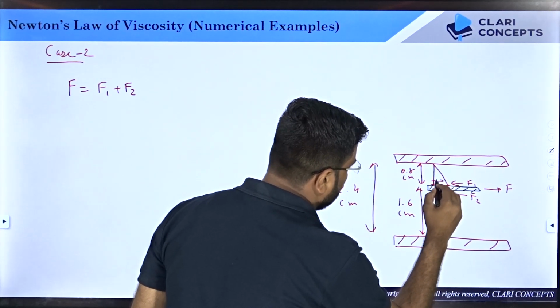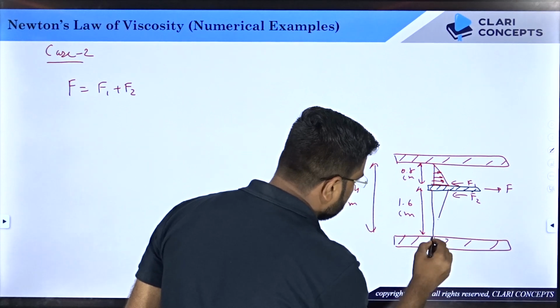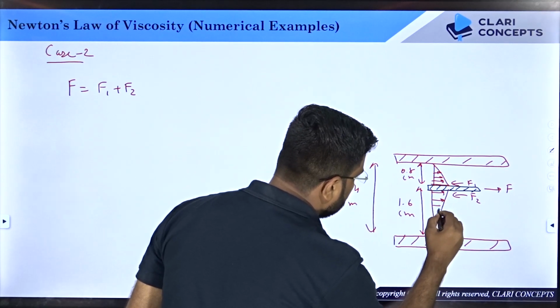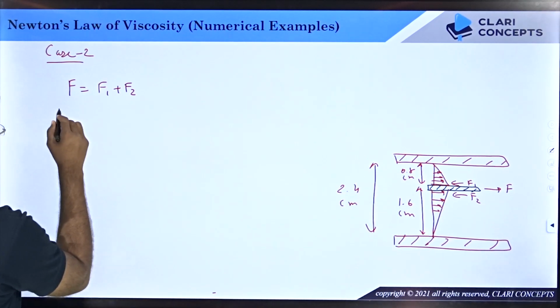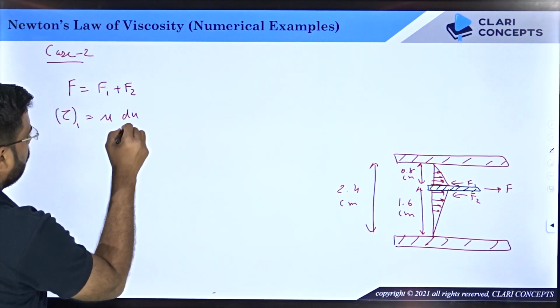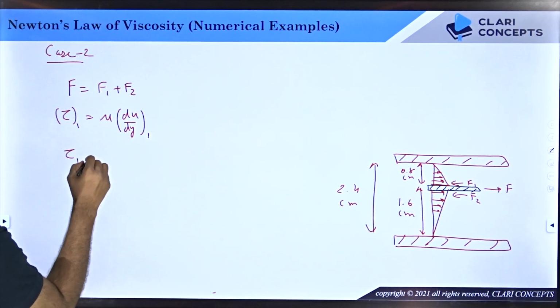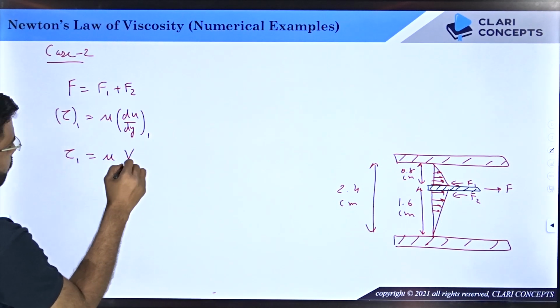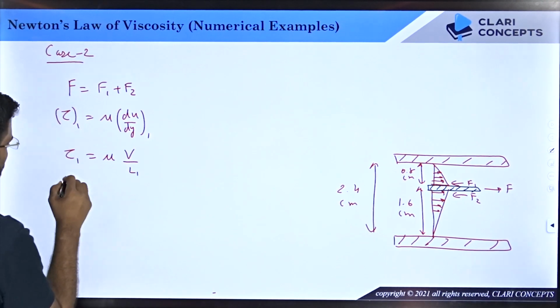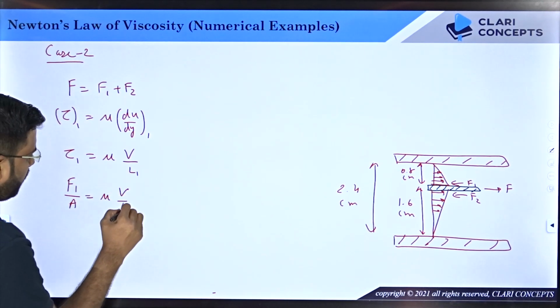This is the velocity profile. And if I apply this on the second half, I'll get it like this. So firstly, I'll apply Newton's law of viscosity in the first half. Tau 1 will be equal to mu du by dy at 1. Assuming linear profile, tau 1 is equal to mu v by L1. Tau 1 is F1 divided by area equals mu v by L1.